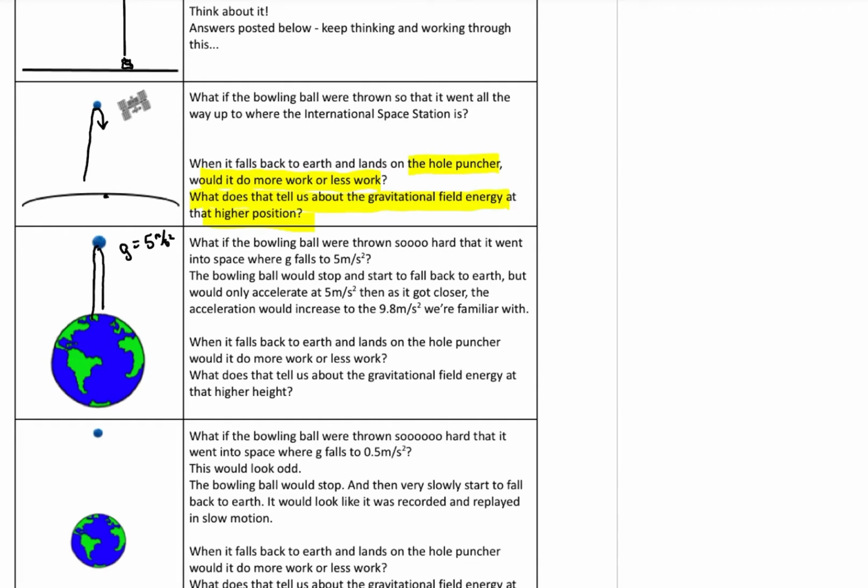So when it gets down here, back by the International Space Station, g goes back up to our usual 9.8 meters per second squared. It's going to crash into the hole puncher. The hole puncher looks like it's in the ocean in my little diagram, but whatever. Is it going to do more work or less work? Based off of that, what does that tell us about the gravitational energy? More energy or less energy?